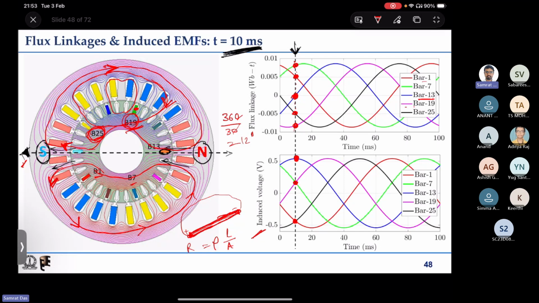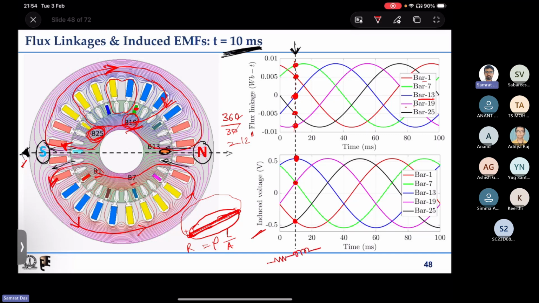Similarly, all the bars have some flux linkages, which means there is energy stored in the magnetic field, so they will have inductances also. So each bar can be represented as a series RL circuit.